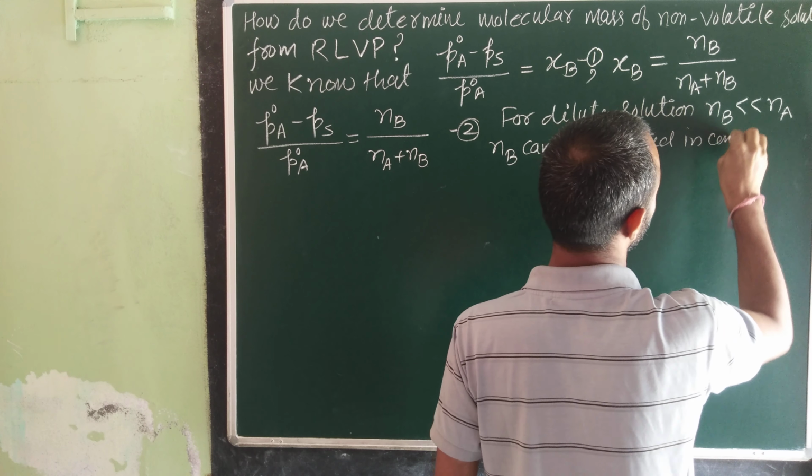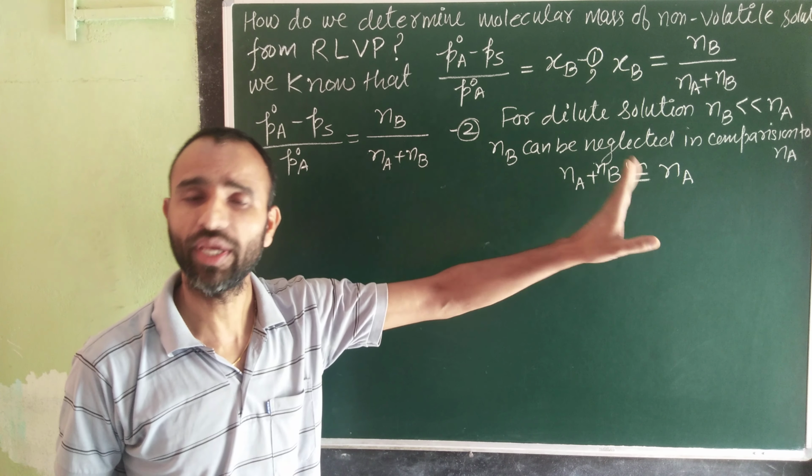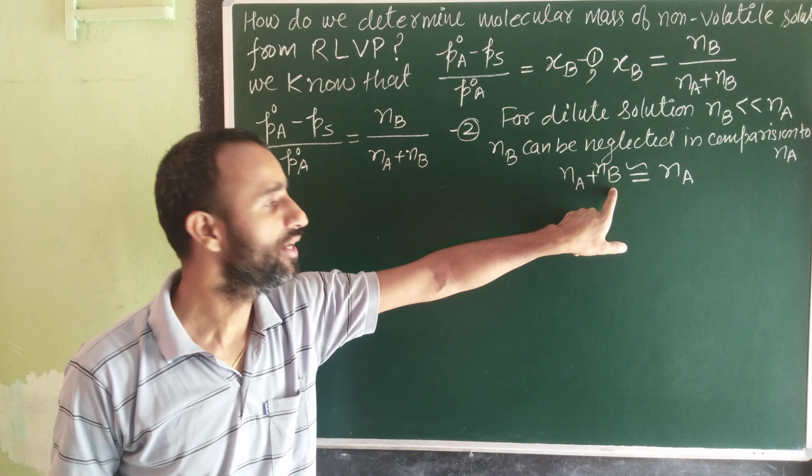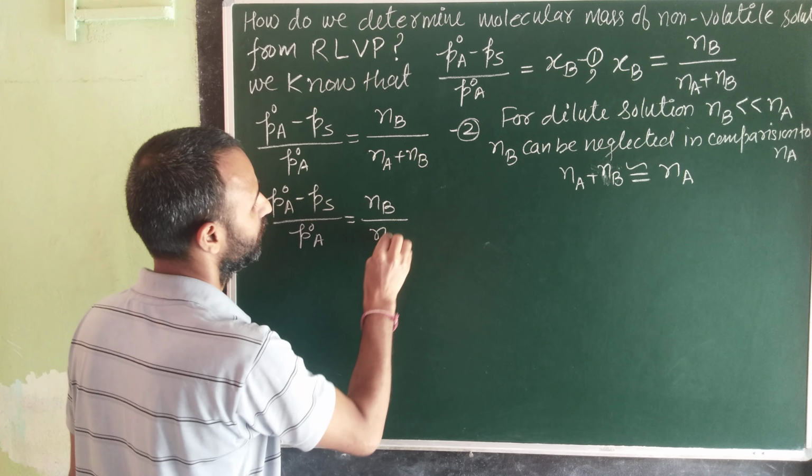So Na plus Nb is approximately equal to Na, because in comparison to Na, Nb can be neglected because it is very less. So it can be taken as P naught A minus Ps over P naught A is equal to Nb over Na.